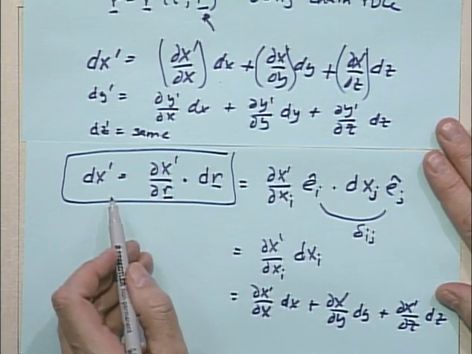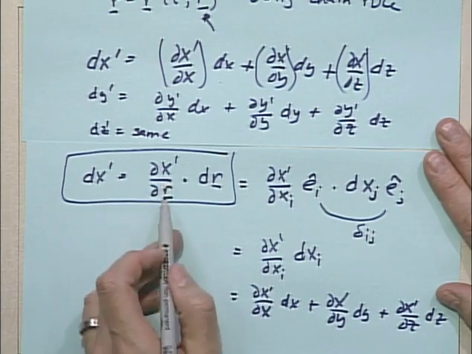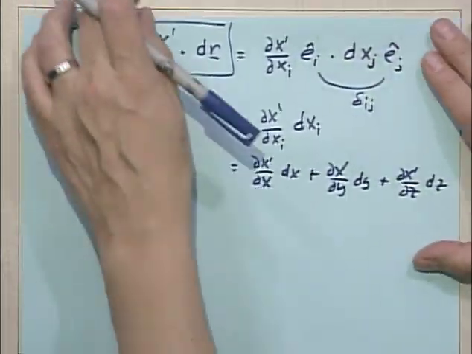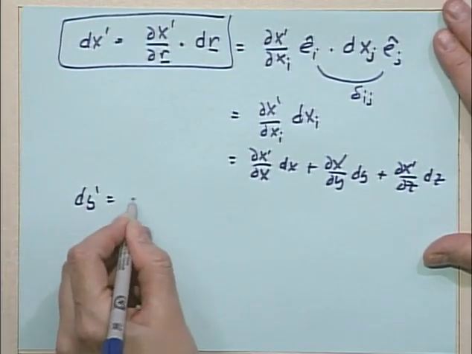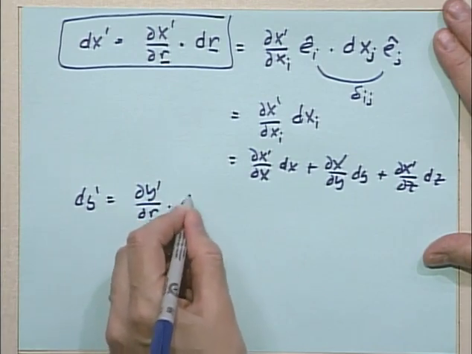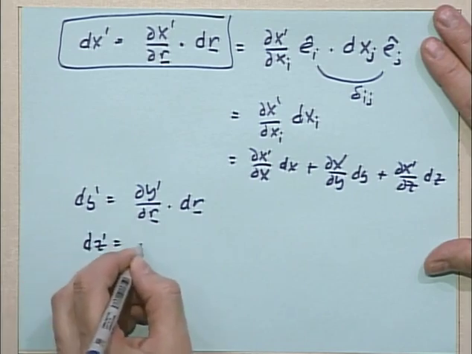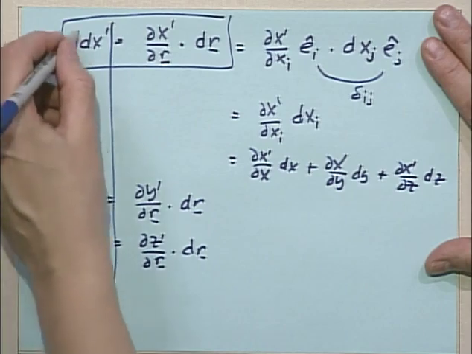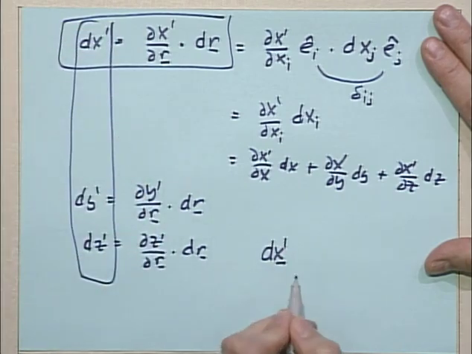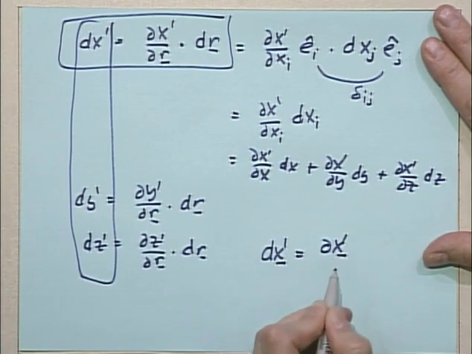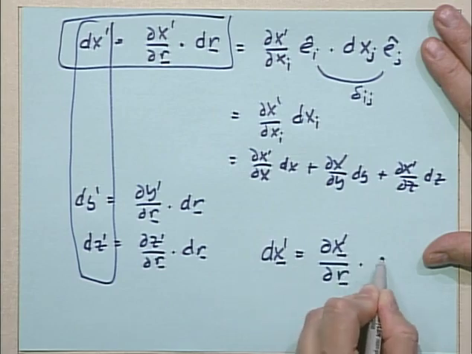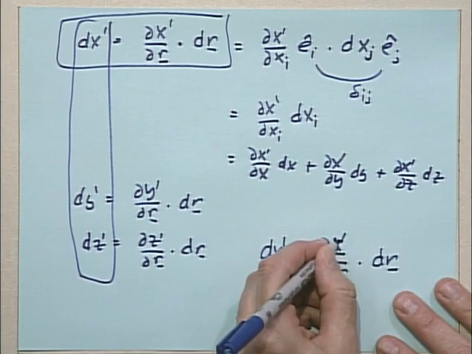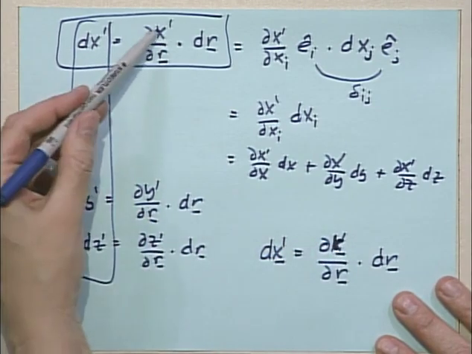So the chain rule written in Gibbs notation is just dx prime equals partial x prime partial r dot dr, and I can do the same for y. dy prime equals partial y prime partial r, the vector, dotted with dr. And I could do the same with z. dz prime equals partial z prime partial r dot dr. Or I can combine these three together and say dr prime, the vector, is equal to partial r prime with respect to r dot dr. I should write this as r prime, because the coefficients of r prime are x prime, y prime, z prime.